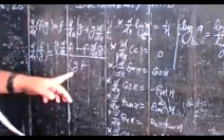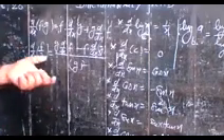Understand? So that is known as the quotient rule, and here you have the product rule. So here you have a list which you already know.